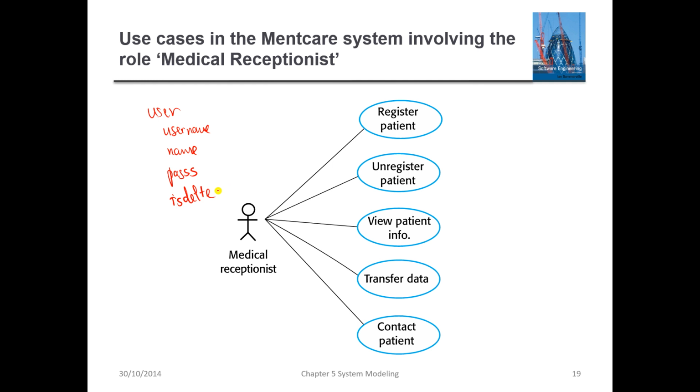So if isDeleted is 1, it means the user is deleted, or if it is 0, it is an active user. So if you use this technique with a flag, you don't remove the record from the database, you just turn the flag on or off.